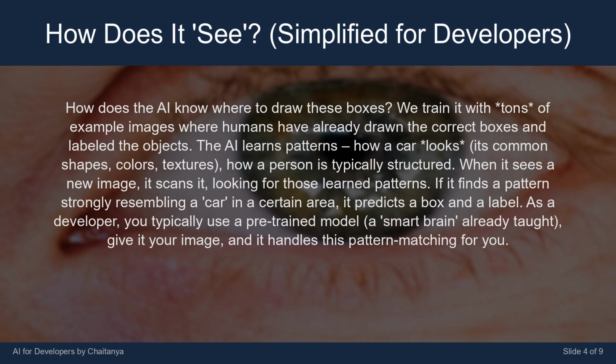When it sees a new image, it scans it, looking for those learned patterns. If it finds a pattern strongly resembling a car in a certain area, it predicts a box and a label. As a developer, you typically use a pre-trained model, a smart brain already taught. Give it your image, and it handles this pattern matching for you.